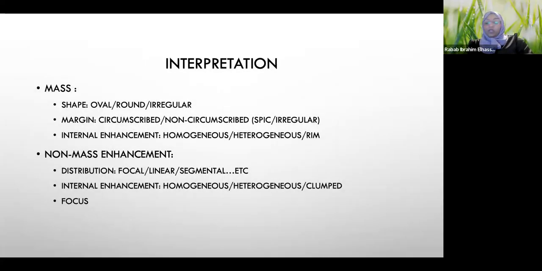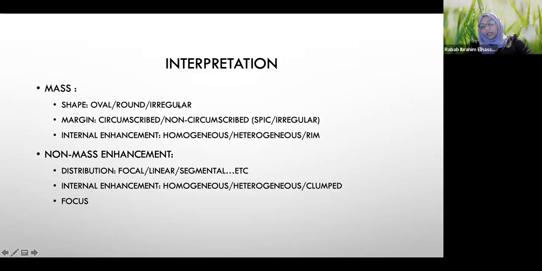In the interpretation, we describe the enhancement as mass or non-mass enhancement. For mass enhancement, we describe the shape, the margins, and the internal enhancement, whether it's homogeneous, heterogeneous, or rim enhancement.